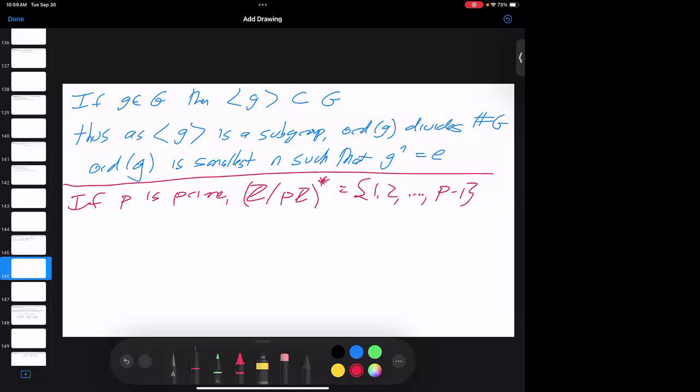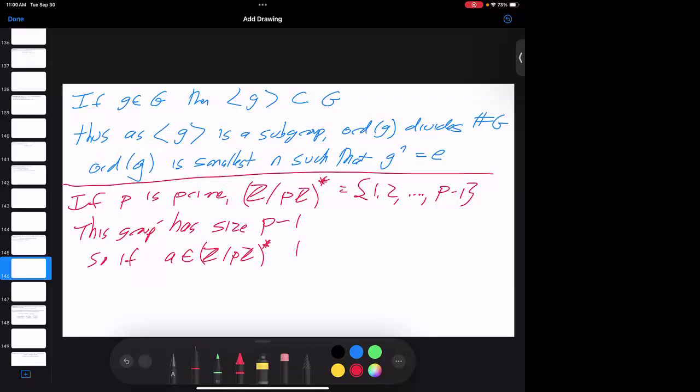So what's the size of that group? How many elements are in that? p minus 1. So if a is in Z mod pZ star, then a to the p minus 1 is congruent to 1 mod p.